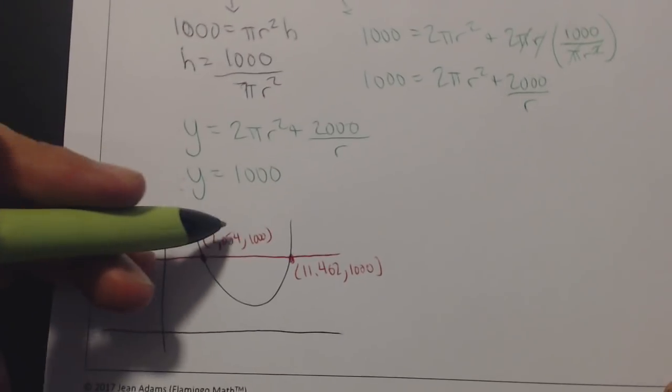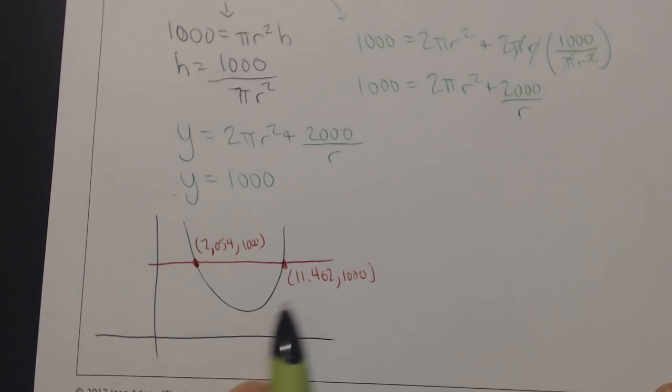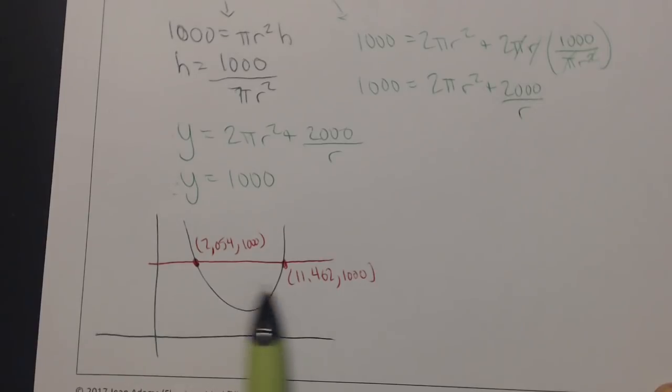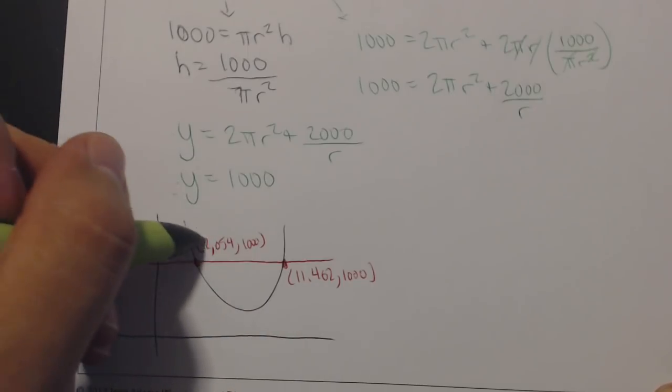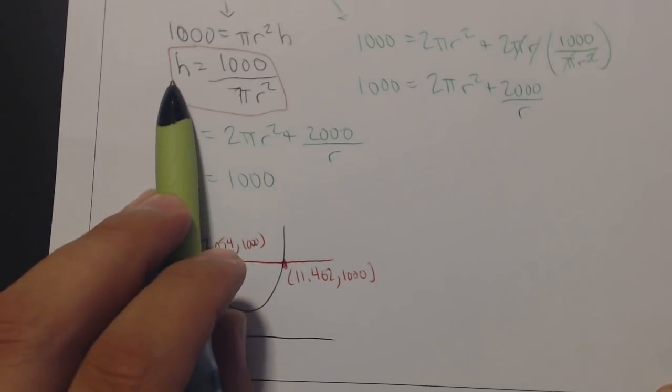I'll show you guys on Desmos in just a moment. Because of this, if I plug these values for my R, the 2.054 and the 11.46, back into this equation, I can find my H's as well.